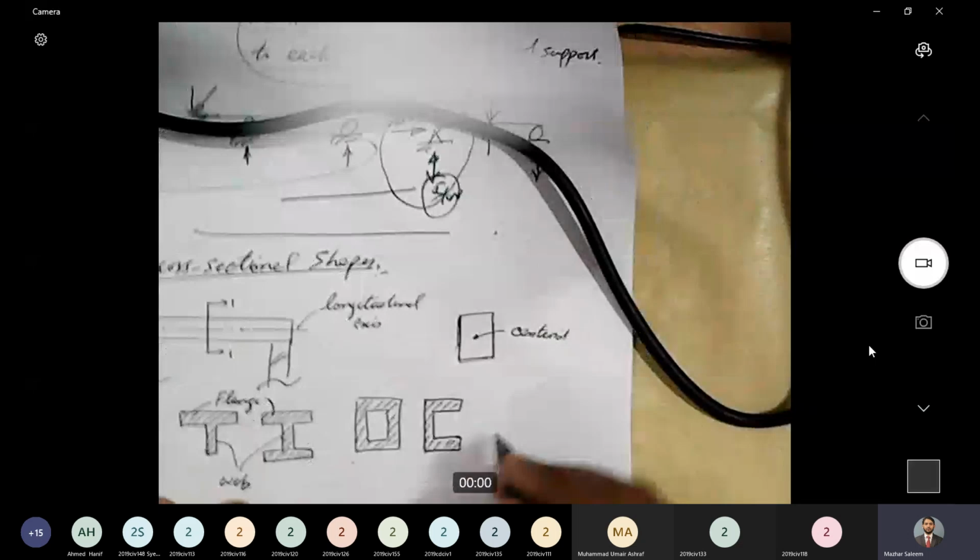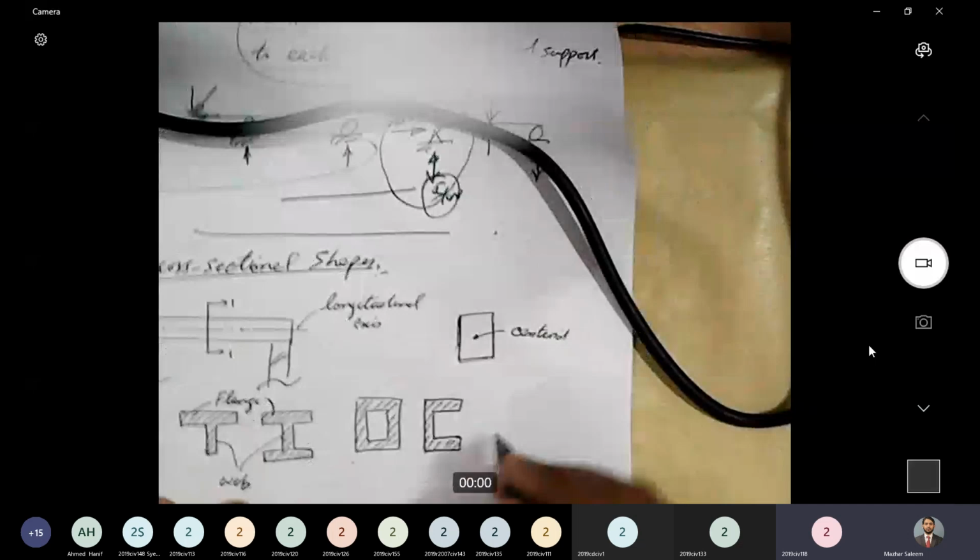You will surely deal with this L-shaped section sometime, if not in this semester, maybe next semester. But sometimes we do provide L-shaped beams. So these are the common cross-sectional shapes used for beam sections. When we study deflection or stresses, we will talk about these shapes. Is that clear? Excuse me, sir.